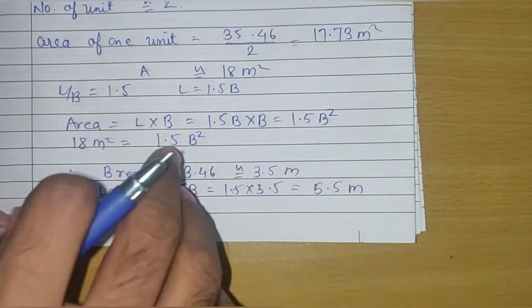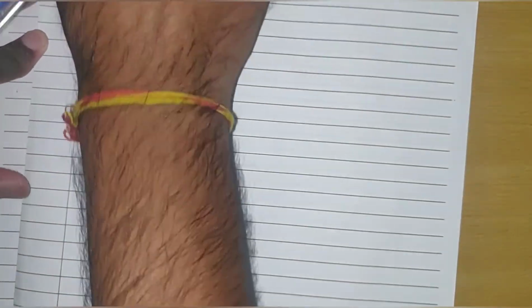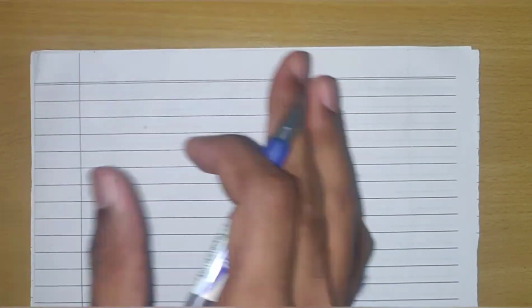So in this design we don't need to find that depth, because that depth does not depend upon the flow rate. Now the half design of the rapid sand filter is complete.